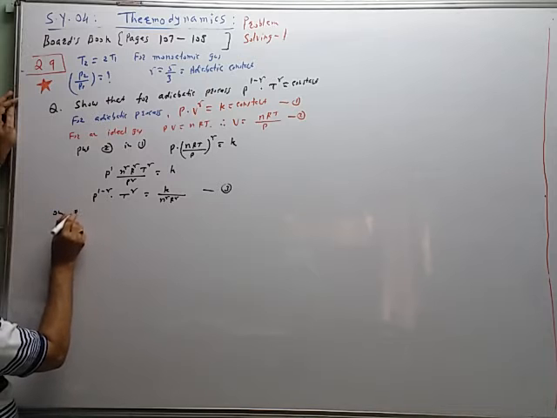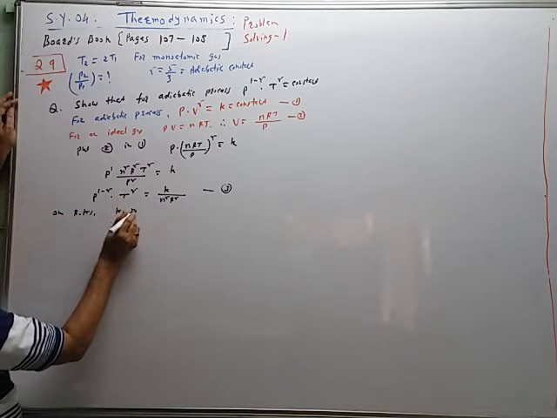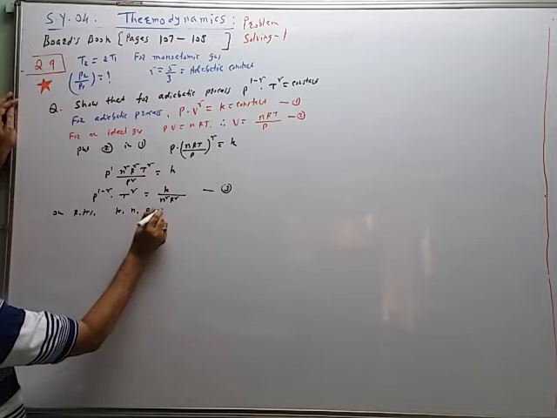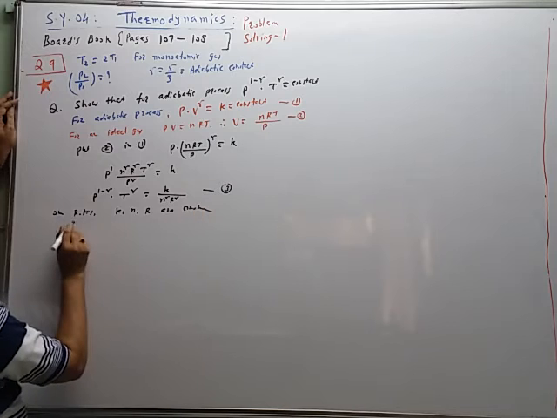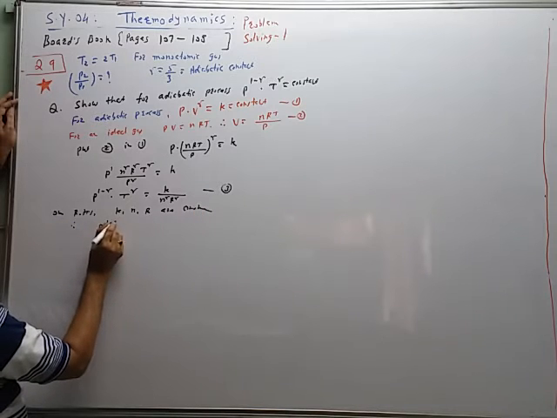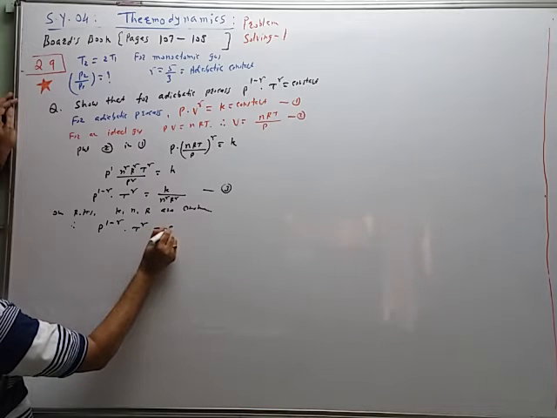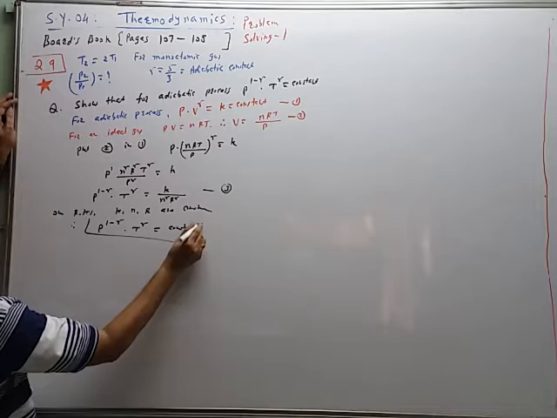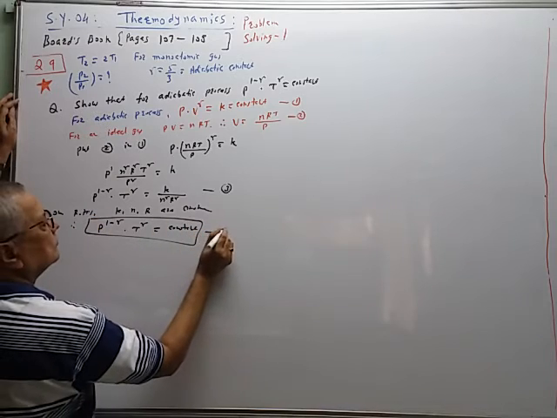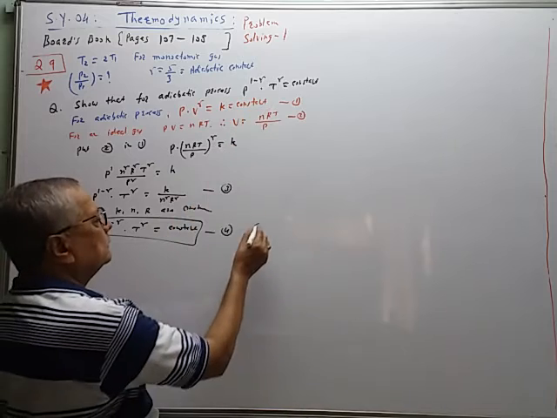On RHS, K, n, R are constant. Therefore P raised to 1 minus gamma into T raised to gamma is equal to constant. This is equation 4. तर हेच रिलेशन आपल्याला प्रूव्ह करायचं होतं.